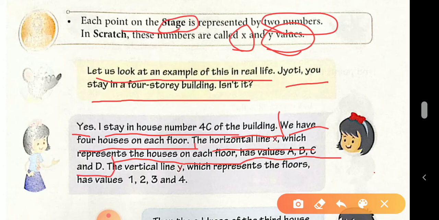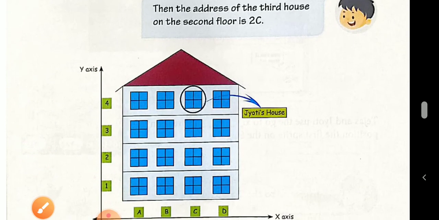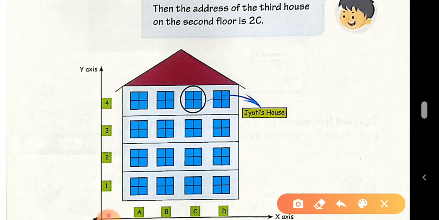I explain this topic with your picture. The vertical line Y, which represents the floor, has values 1, 2, 3 and 4. Then the address of the third house on the second floor is 2C.